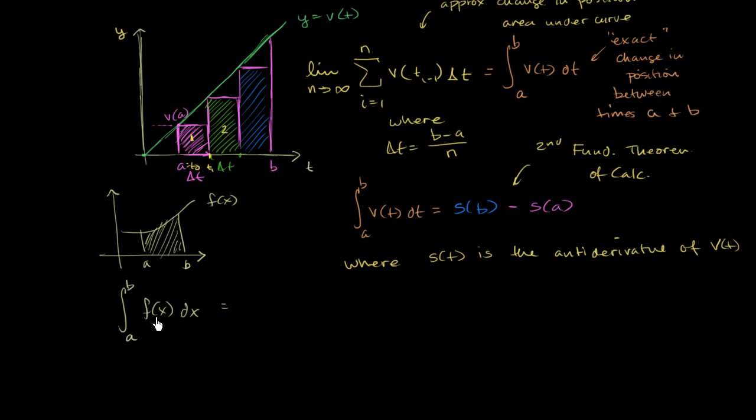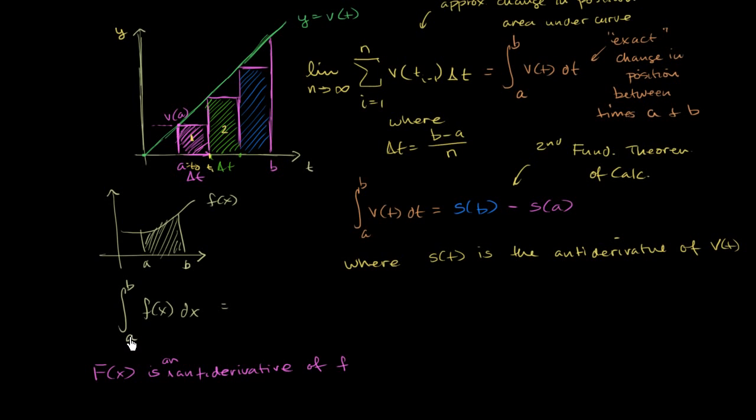If we want to find the exact area under the curve, we can figure it out by taking the antiderivative of f, and let's just say that capital F of x is an antiderivative, because you can have multiple that are shifted by constants, of f. Then you just have to evaluate the antiderivative at the endpoints and take the difference. So you take the endpoint first.